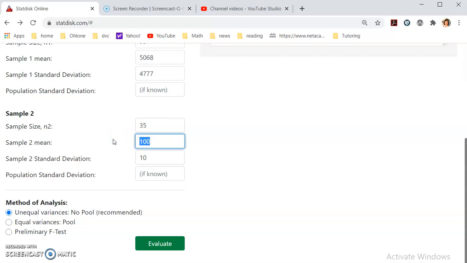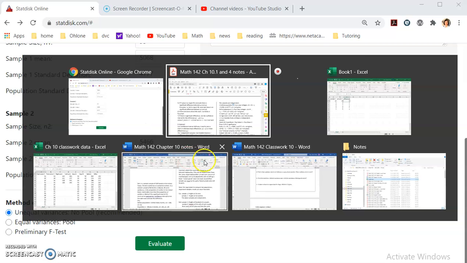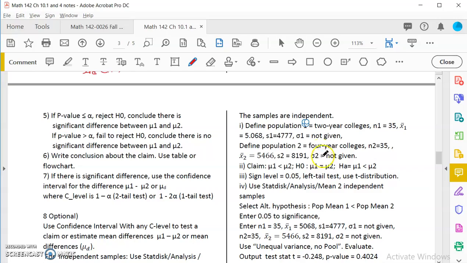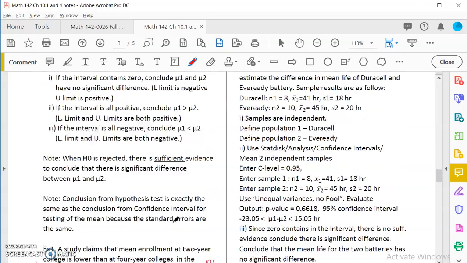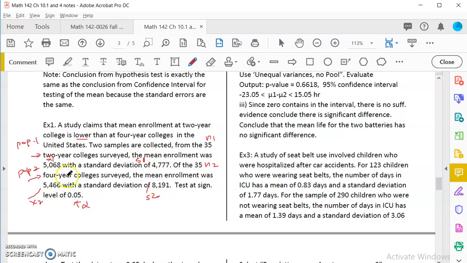Mean is 5466. Is it 5466? Standard deviation is very large, 8191. I'm going to double check that it is 5466.